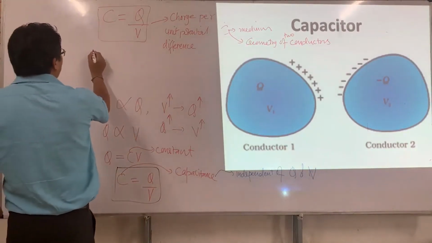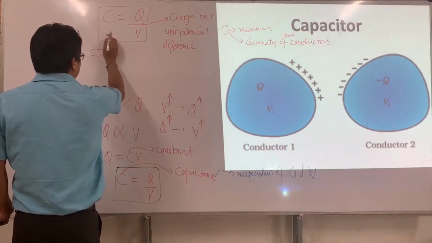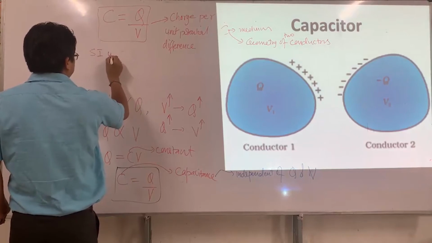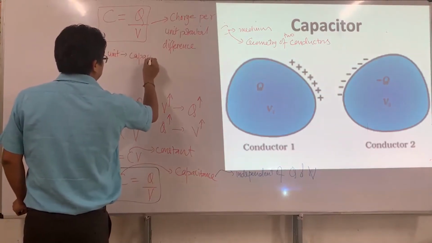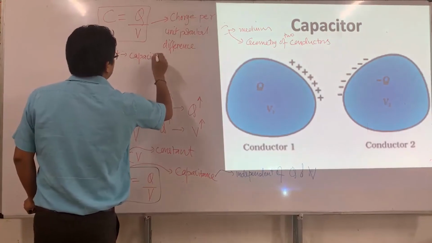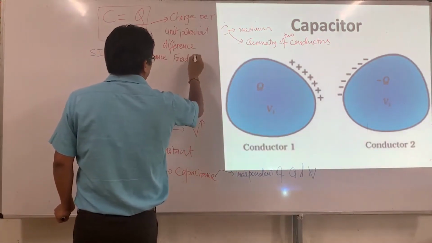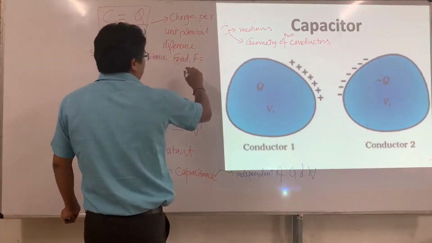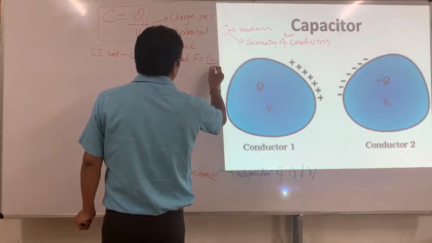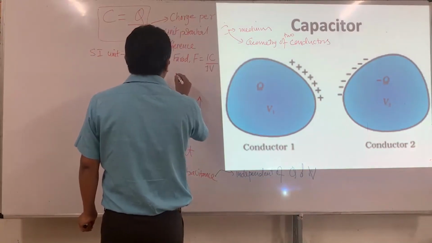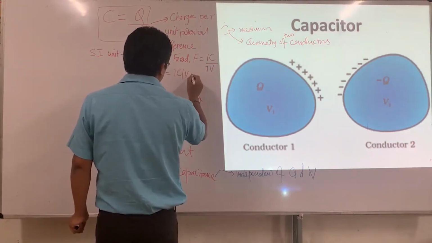Now, the SI unit of capacitance is the farad, normally defined as F, which is 1 coulomb per volt.